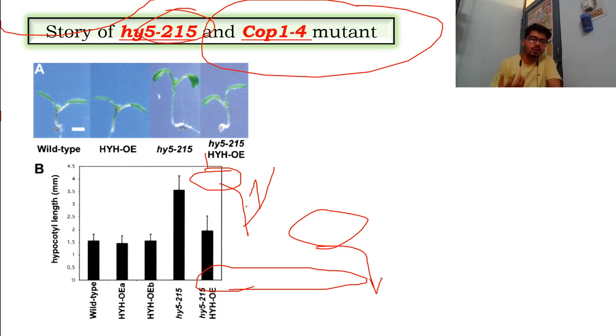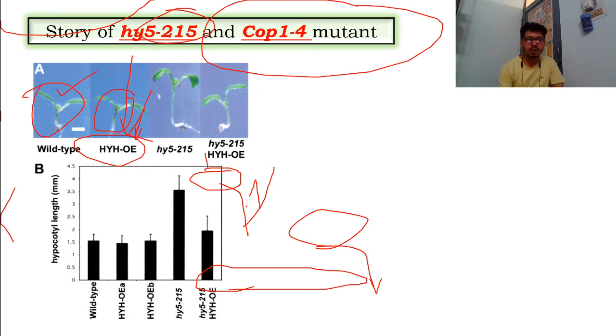Before going into the details of these techniques, this is wild type, called 0, and this is Hi5 overexpression. This is complemented. Overexpression line means you are overexpressing Hi5. HYH is another factor, so just focus on wild type.